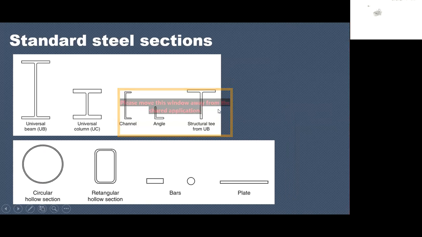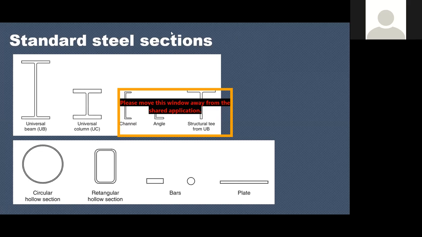There is a message coming on. Hello there, anyone? Yes, sir. Do you see a message like please move this window away from the shared application? Yes, sir. Okay.